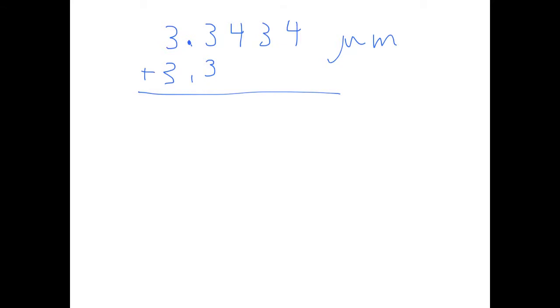Therefore, if I have a measuring device capable of measuring 3.34 micrometers, and I have another measuring device that can only measure to 1/10 of a micron, could I really say that the total measurement was 6.6434 micrometers?